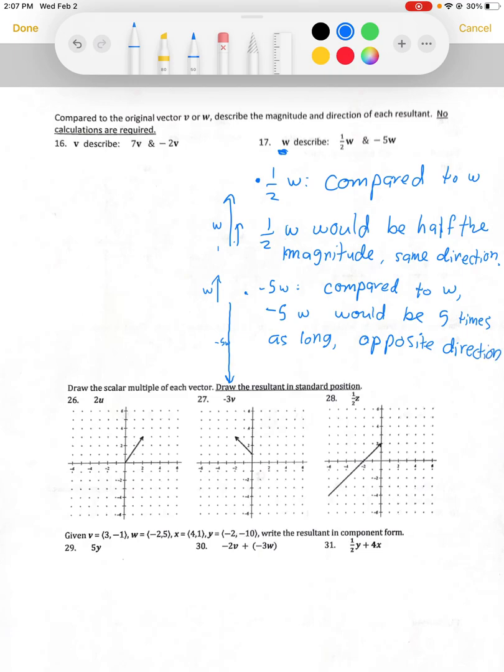I wrote as long in this case. I probably should have said, instead of as long, magnitude. But regardless, we have the same kind of idea.